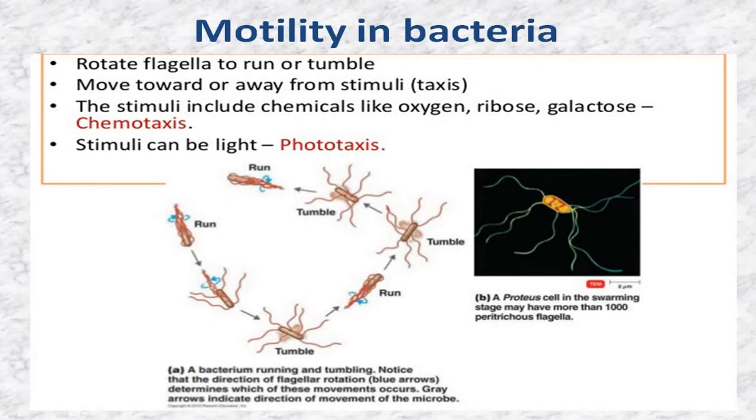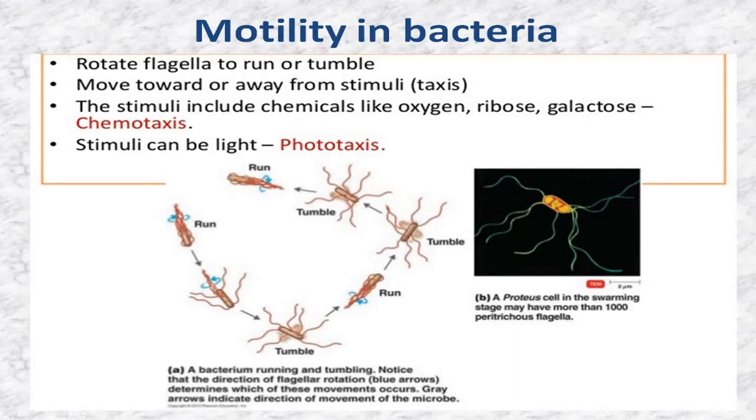Now the next is motility in bacteria. Bacteria move with the help of flagella, and their movement is towards the optimal concentration of nutrients, or maybe away from some toxic substances. So their movement is in response to chemicals or maybe in response to light.